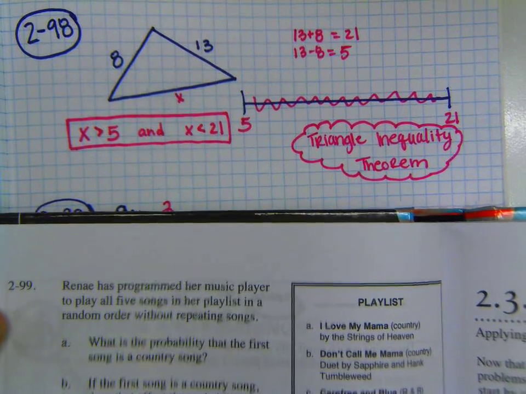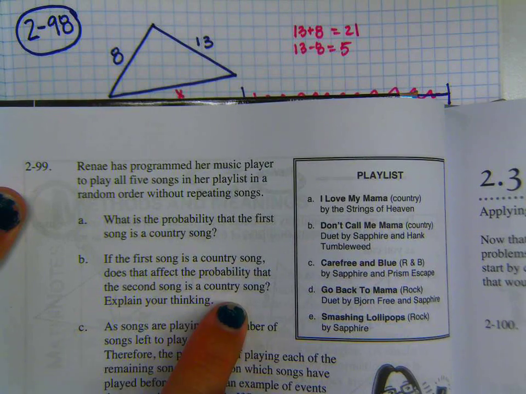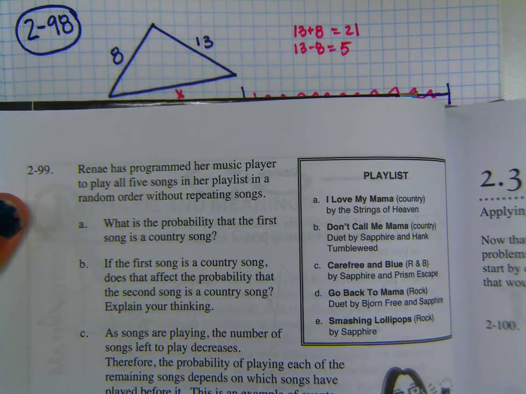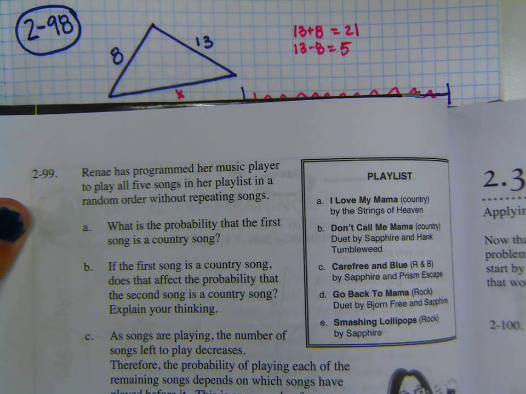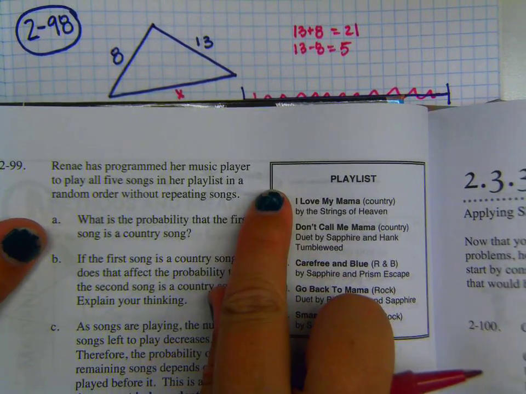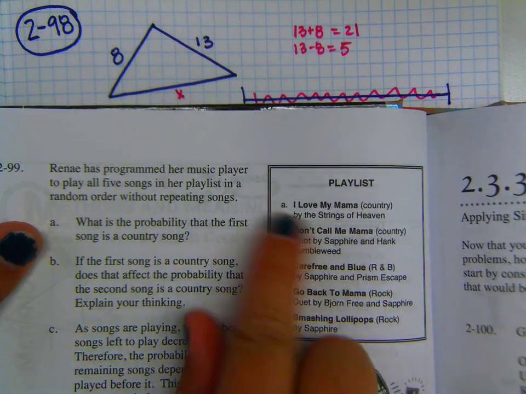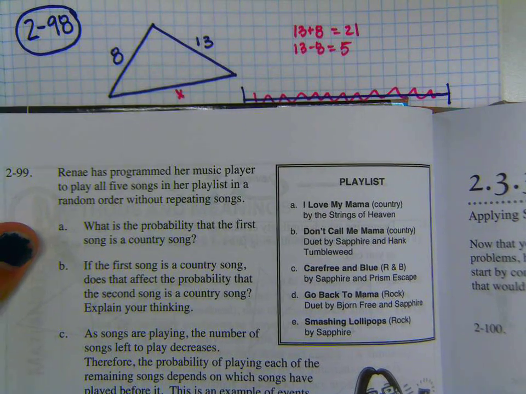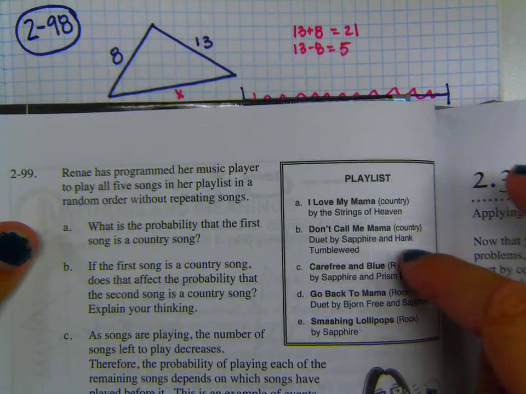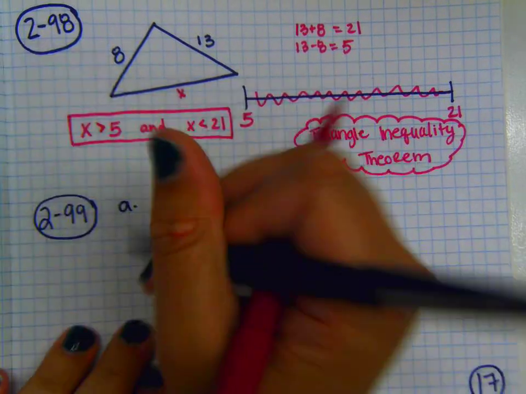Well, if we can't repeat songs, then yes, because we took off I Love My Mama, we can't play that song anymore. Or Don't Call Me Mama, whatever country song we played. So now we're only left with 1 country song out of the leftover, which is 3 more, so 1/4 of them. So I'm going to write that down.